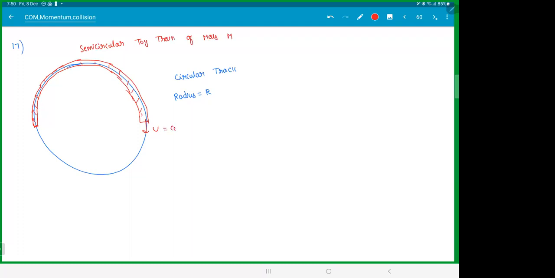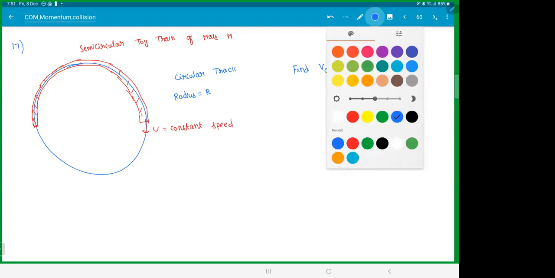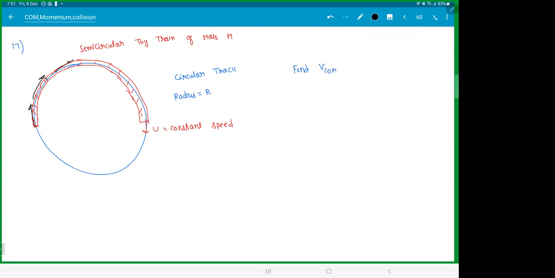It's going with constant speed, so it is going in a circle with a constant speed. Find the velocity of center of mass. Remember, every point on the train will have speed in different directions. You can't directly add the speeds. So on a circular track, we have a semicircular toy train of mass m going in a circle. Find the velocity of center of mass.